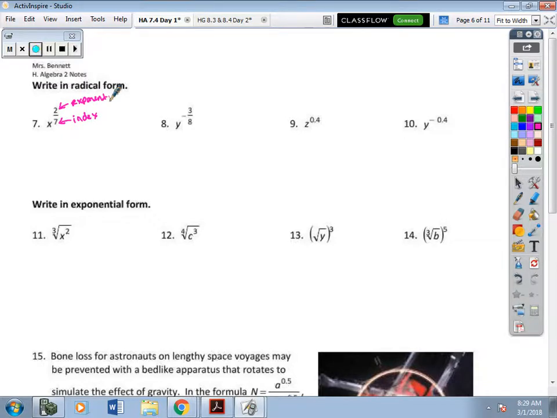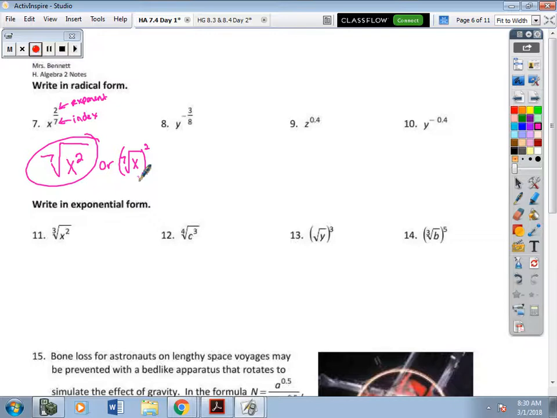So this would be the 7th root of x squared. Or, this is how I like to write it, but you also can do the 7th root of x quantity squared. But I usually don't do that because it's more pen strokes, but that is the equivalent form.